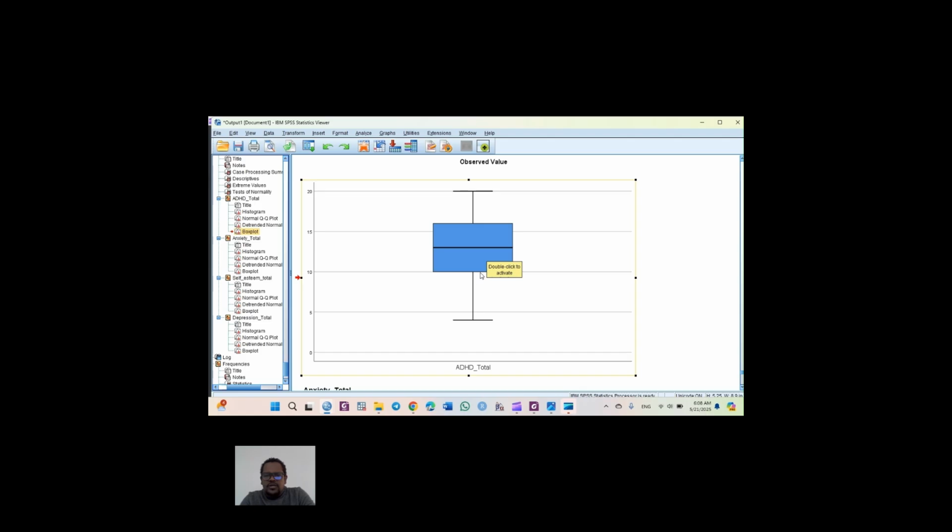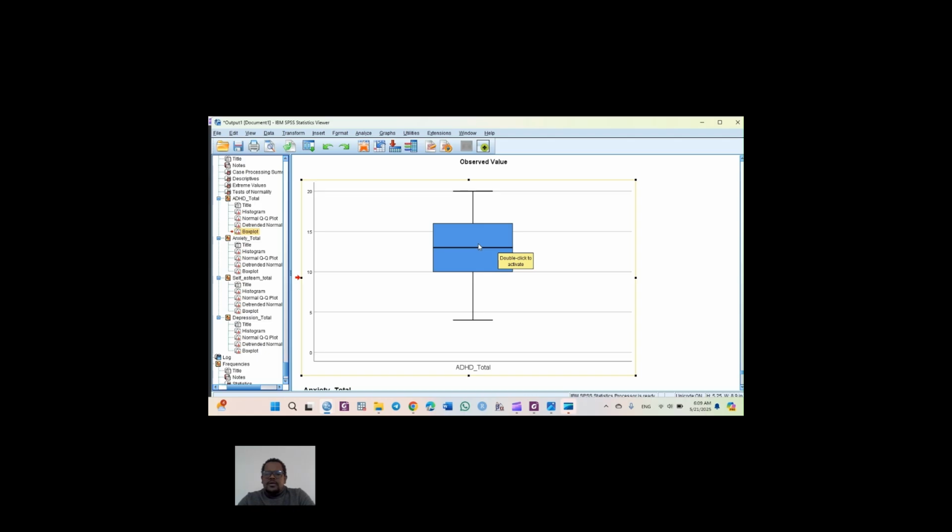The lower border of the box shows Q1, quartile 1 or 25th percentile, and the upper line shows Q3, quartile 3 or 75th percentile. The middle black line is the median. So the box plot shows the interquartile range, Q3 minus Q1.